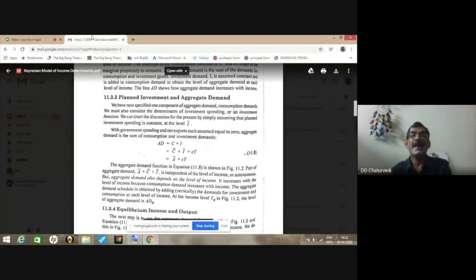So when you add C bar and I bar, the total is shown by the symbol A bar, that is, autonomous investment and autonomous consumption taken together, and we can call it autonomous demand or autonomous expenditure. And this expenditure is the same irrespective of the level of income. The remaining part of the aggregate demand is a function of income.